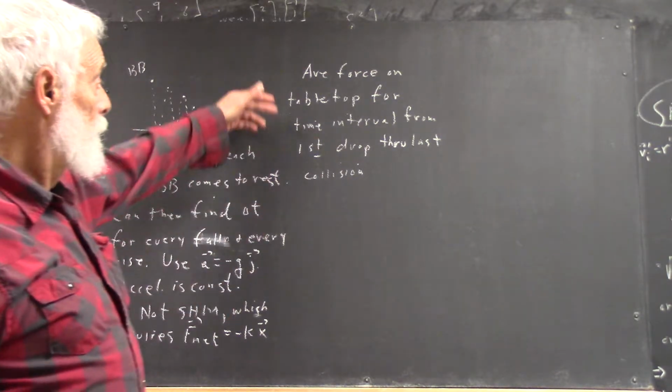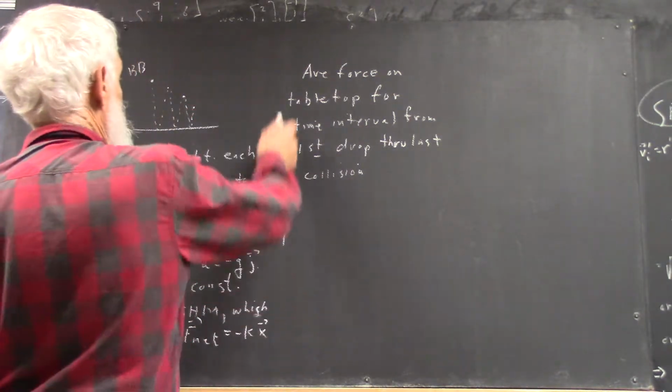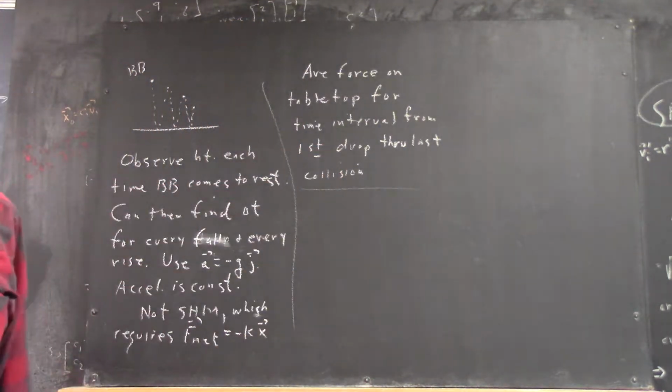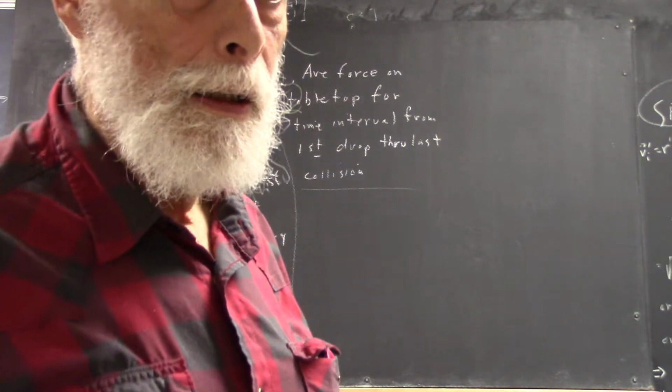Now that might not be the most logical time interval to analyze, depending on what you're trying to get to, but you can certainly answer the question, right? How do we do that?